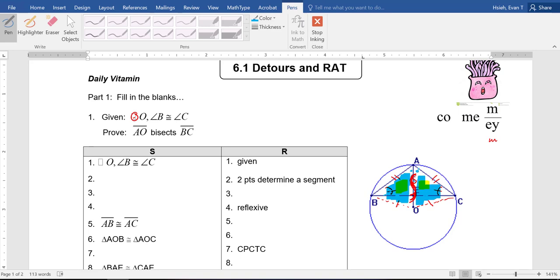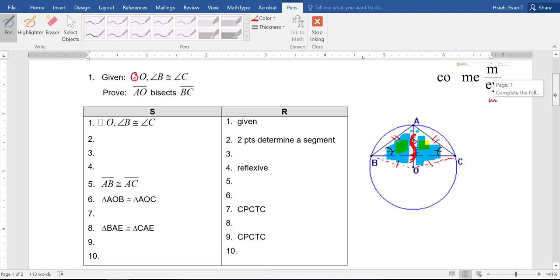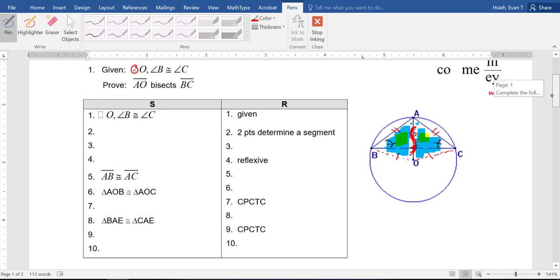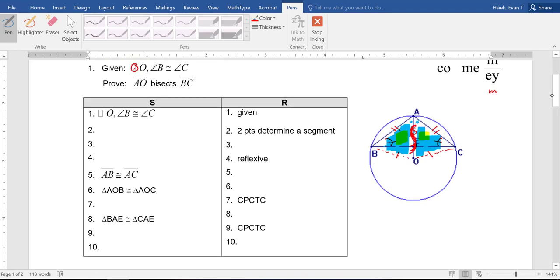Okay, so here's what the detour proof looks like. Let's write this out. Like I said, we need to have radii congruent here. Let's draw in the radii, BO and OC. And I can say that BO is congruent to OC because radii are congruent.